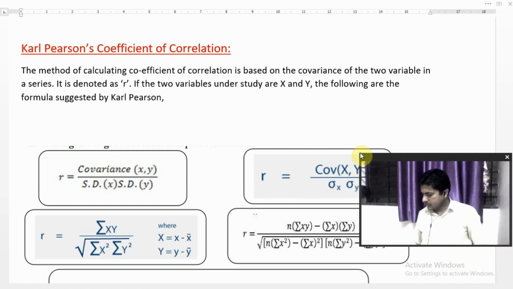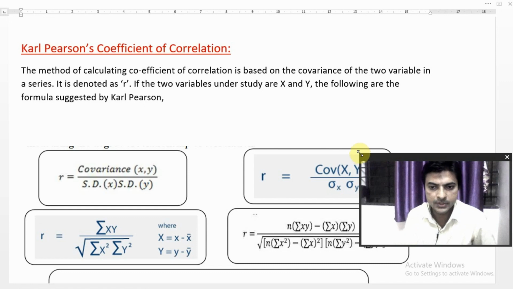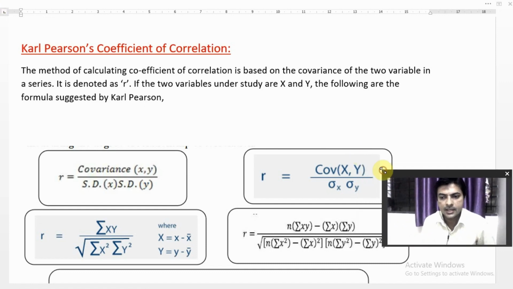Easily you can use this formula and get the answer. Suppose two variables x and y are related in such a way that when one increases, the other must increase, and when one decreases, the other must decrease. All this we are going to study in this correlation coefficient. Without wasting time, let us take the example.